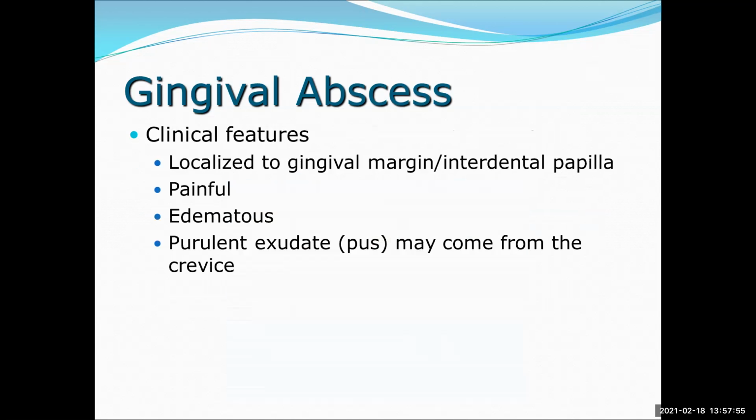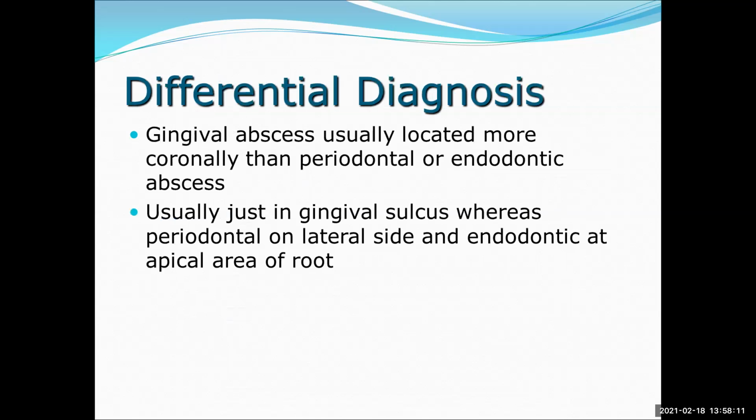Okay, so what are the clinical features? You've got localized to the gingival margin or the interdental papilla. It's painful, it's edematous, it's swollen. There is purulent exudate or pus that may come from the crevice, not necessarily, but sometimes. Gingival abscesses usually are located more coronal than periodontal or endodontic abscesses.